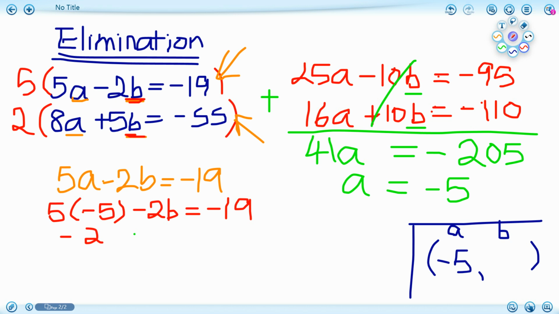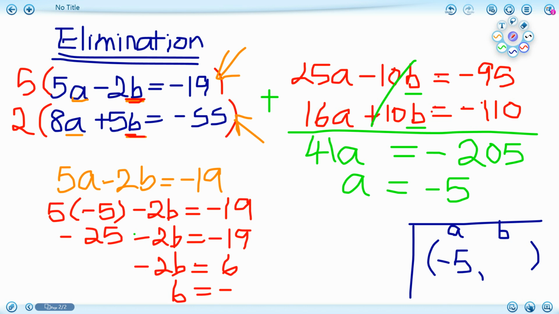Negative 25 minus 2b is equal to negative 19. So negative 2b is equal to, I'm going to add 25 on both sides, so I get 6. And I get b is equal to negative 3.